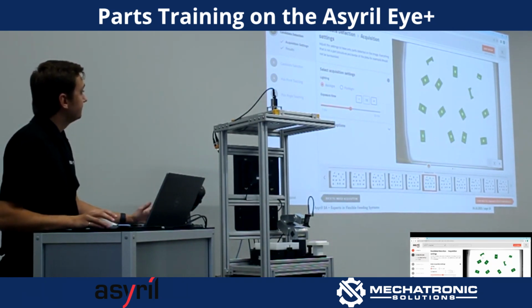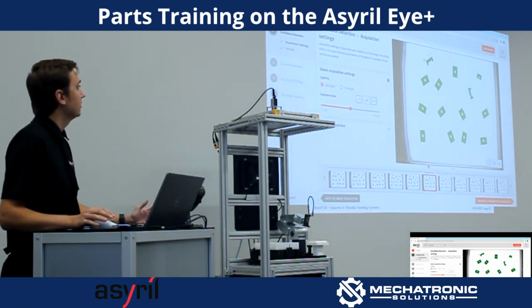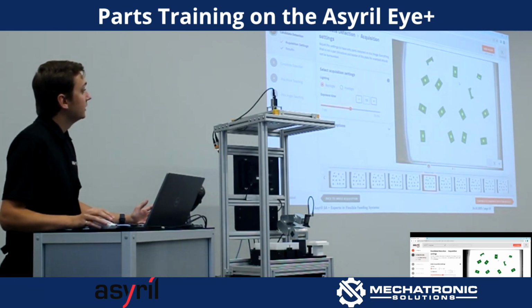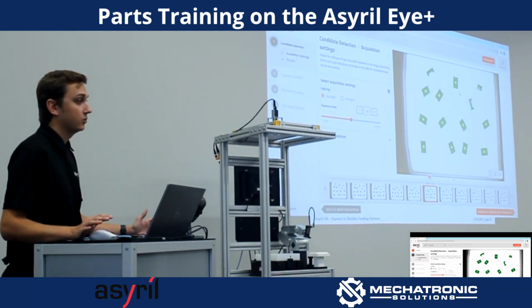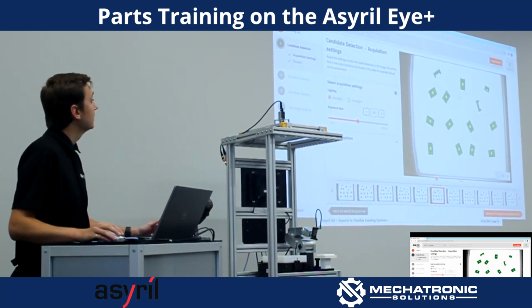In this step, what we're trying to do is make sure that the vision can detect all of the parts on the platform and make sure that we've essentially identified all the parts here. It doesn't matter what orientation right now, as we'll get through the filter. We just want to make sure that we've got all the parts here.